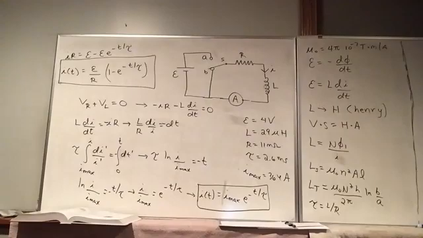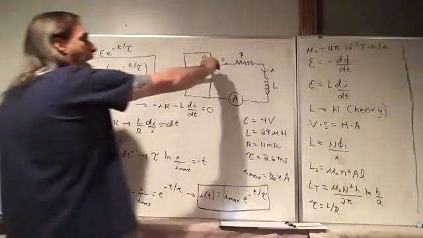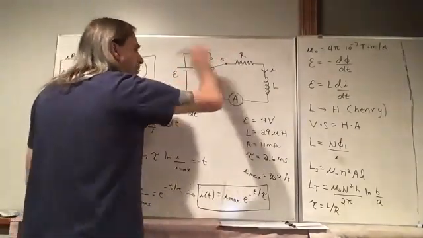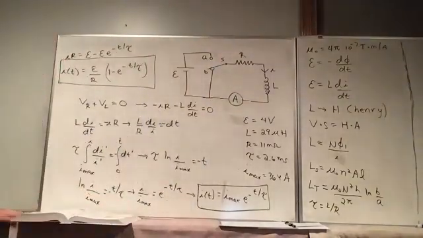Energy. Say we flip the switch to A: the battery is providing energy, and the resistor is dissipating it, but some of the energy is going to go into the inductor itself.